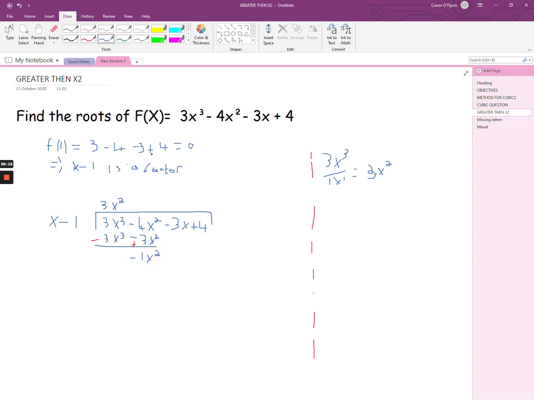Okay, and then bring down the minus 3x. And now I'm working with this one. So it's minus 1x squared divided by x, so that'll be minus 1x. I'll multiply that in.